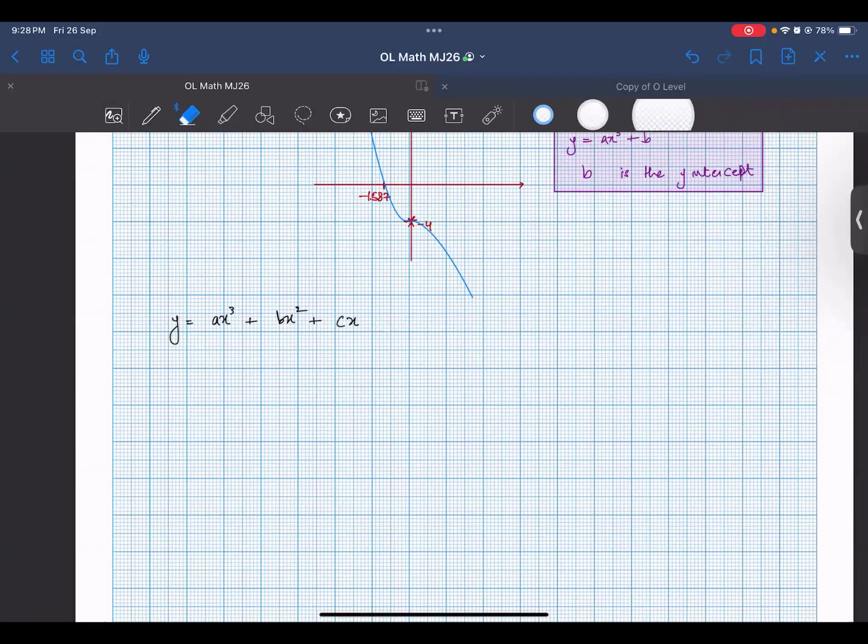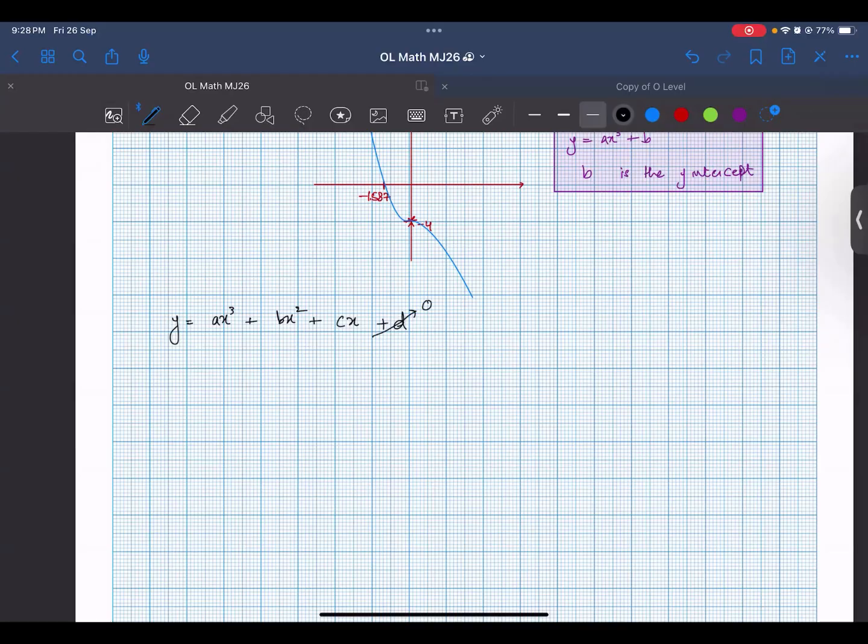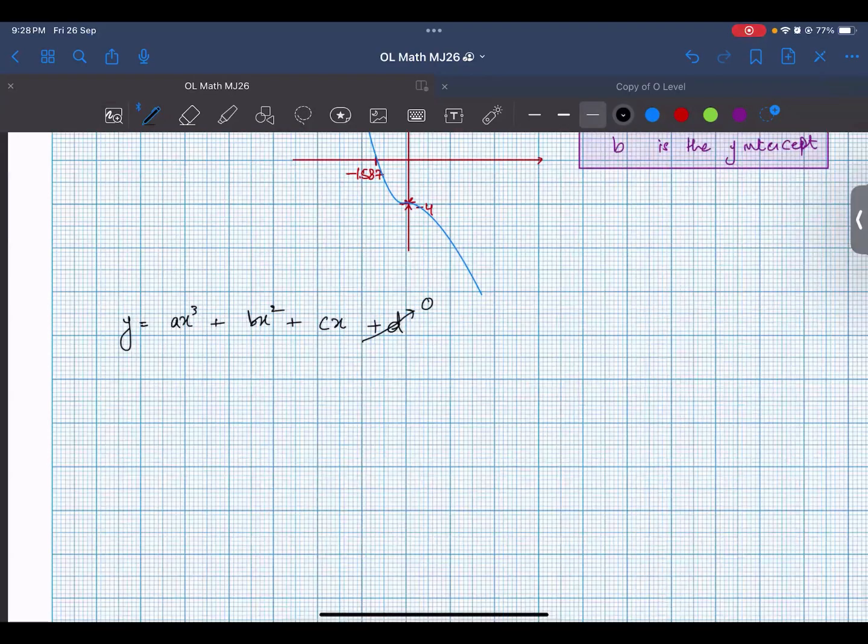The real cubic has the d part as well, but for us, the d is 0. Because look, they have given you in the syllabus outline ax cube plus bx square plus cx. There is no d, which means that d is 0. So the equation will always be in this format.